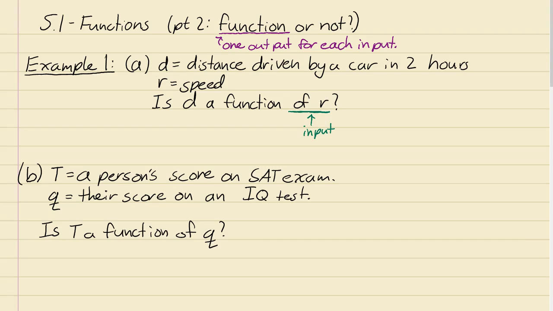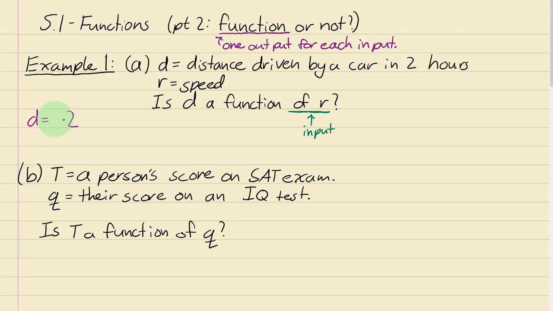For each speed that you can go, if you know the car is going that speed for 2 hours, do you know the distance it can go? Let's think about maybe if there's an equation you know about this, that would help. And that equation is distance equals rate times time. So rate times 2 here.